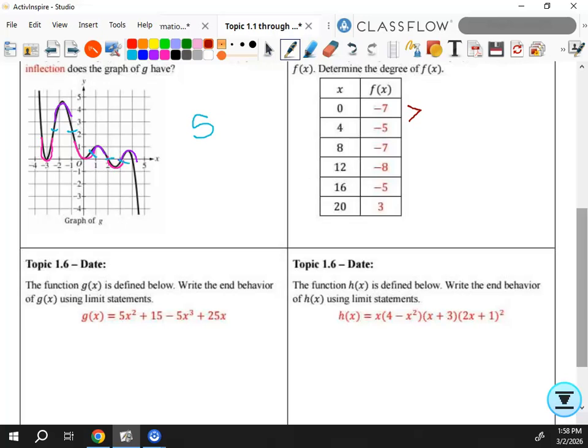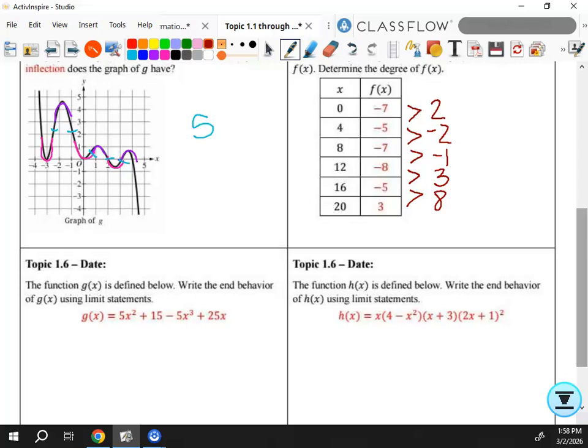So -5 minus a -7 is 2. -7 minus a -5 is -2. -8 minus a -7, -1. -5 minus a -8, +3. 3 minus a -5, 8. Okay? If you can't subtract correctly, then it's not going to do you any good.